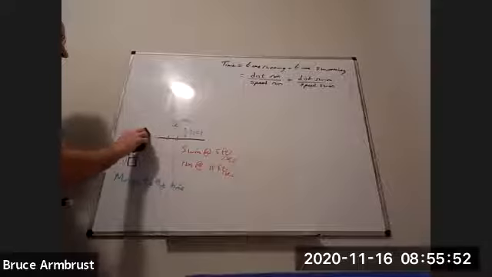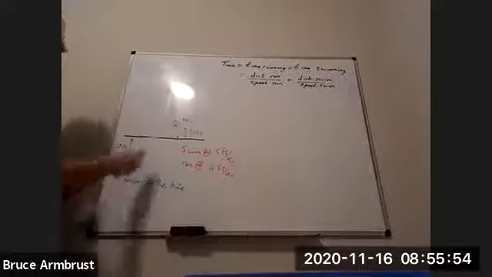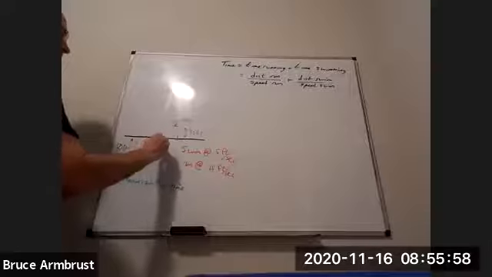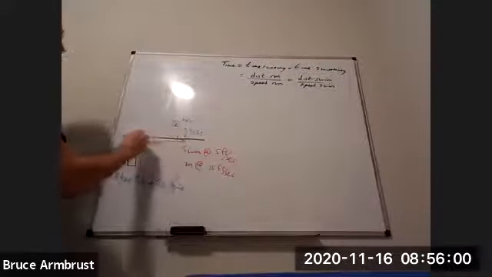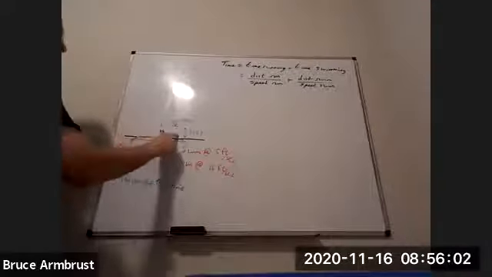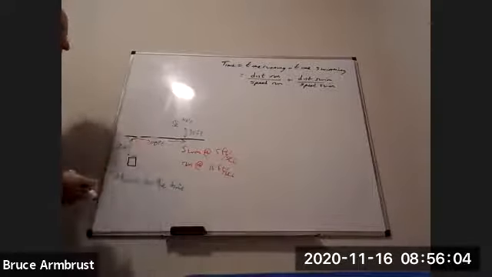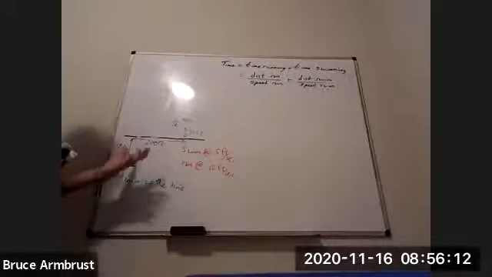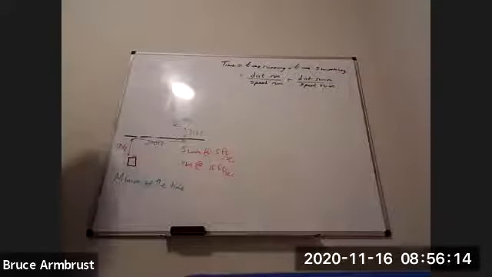Let me just erase some of this stuff so we can see a little bit clearer. And then it's actually 200 feet from where she is to where this person is floundering. Okay, so I just gave you distances and speeds.